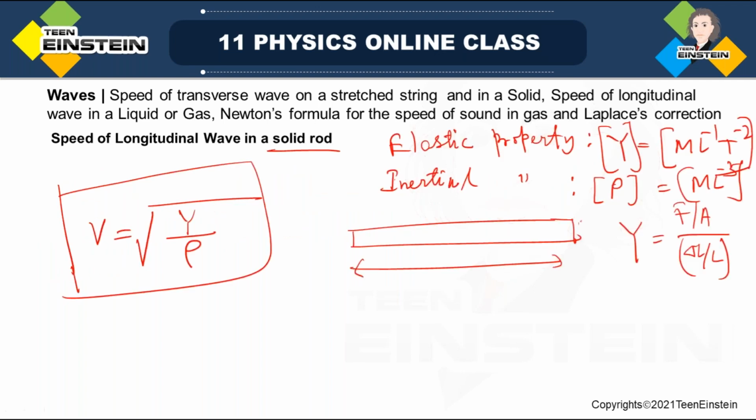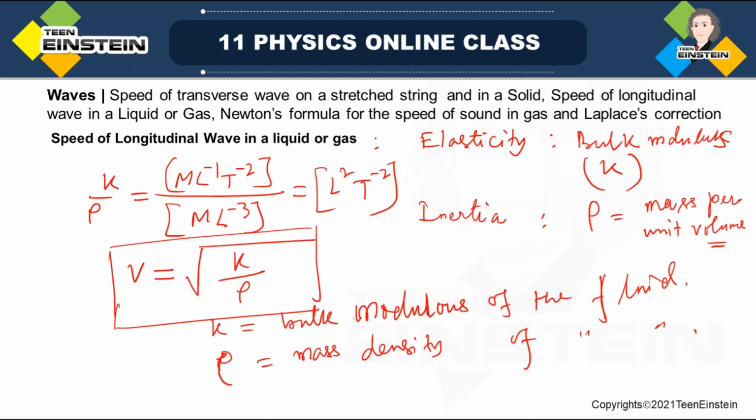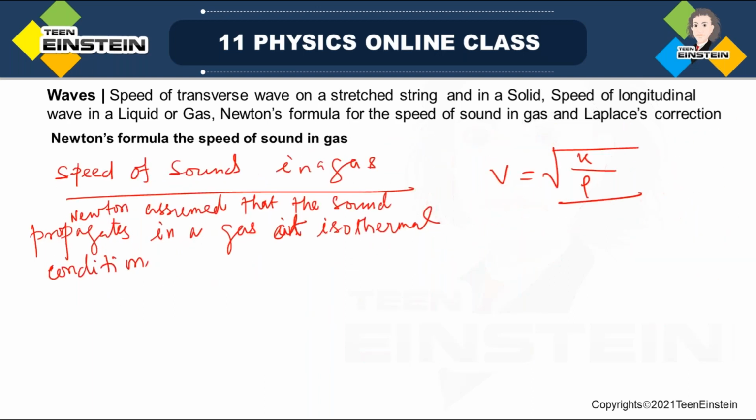This is the longitudinal wave in a liquid or gas, where kappa in this case will be the isothermal bulk modulus.